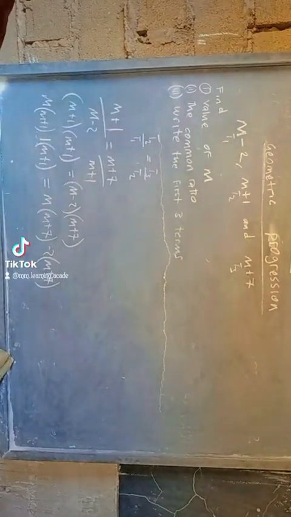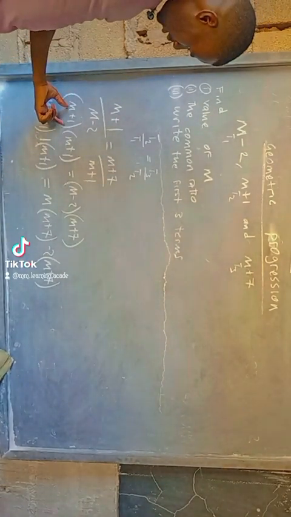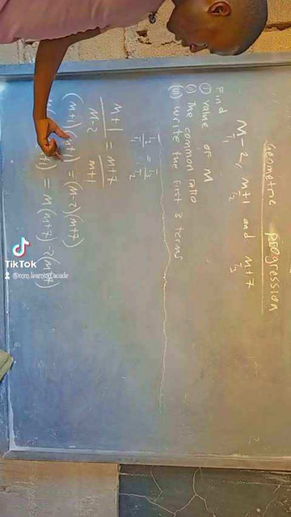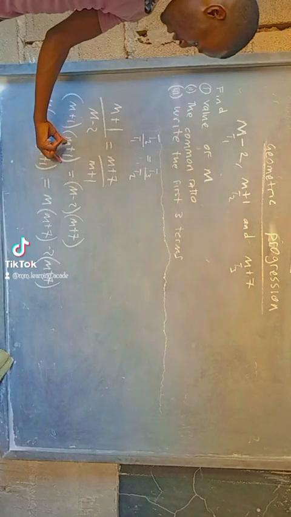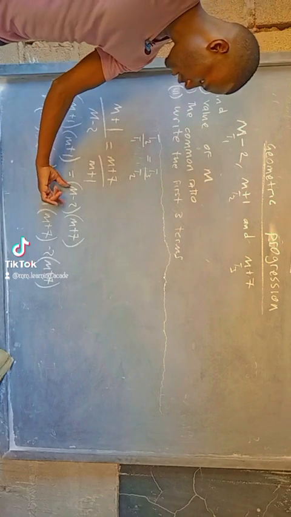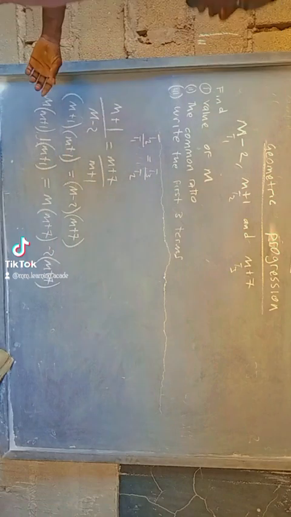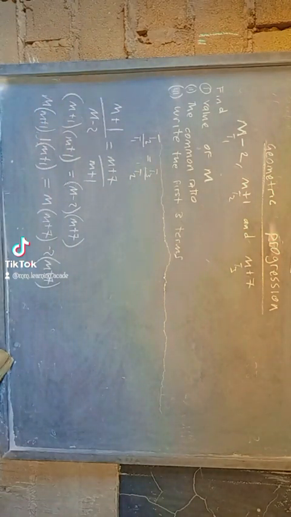The first term multiplies the second terms independently: m multiplies everything, 1 multiplies everything, and on this side also m and negative 2. So we present them like this, then we can expand.